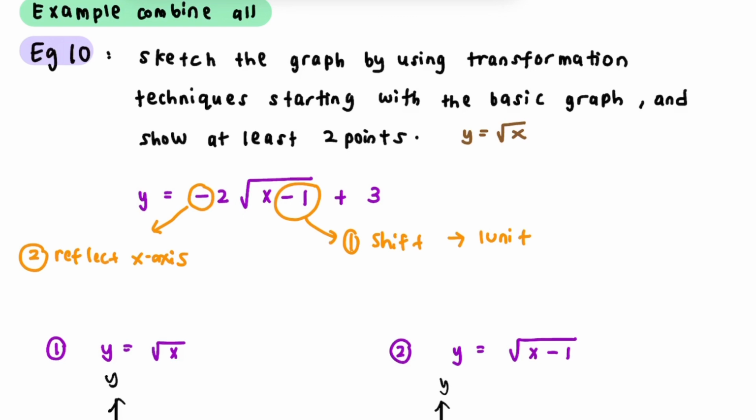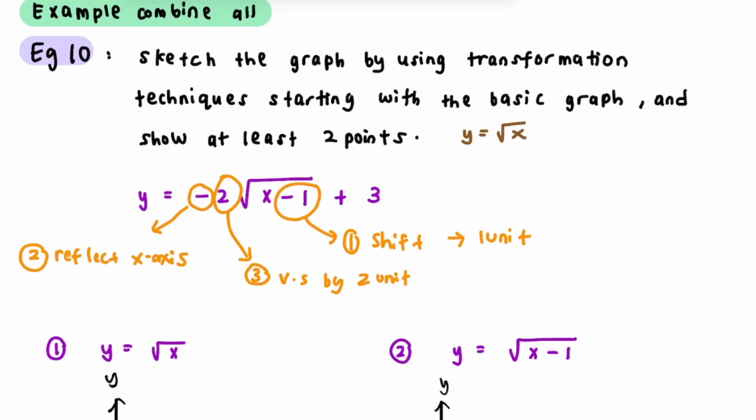And then you have constant 2. This one is also outside the function. So if outside, it is vertical stretch or compress. If the constant 2 multiplies with x inside, that one is horizontal stretch or compress. So this one you have to recall the condition for C just now. So here C is more than 1, so this is vertically stretched. That one you have to remember. Vertically stretched by a factor of 2.